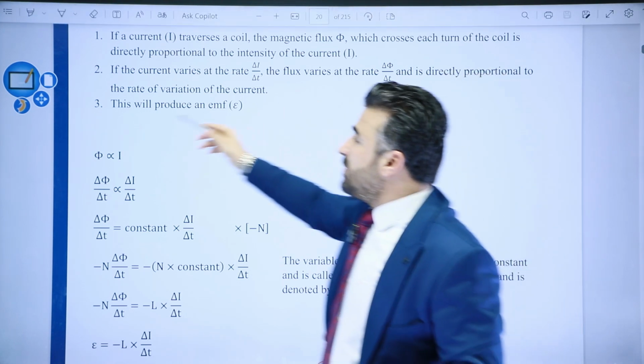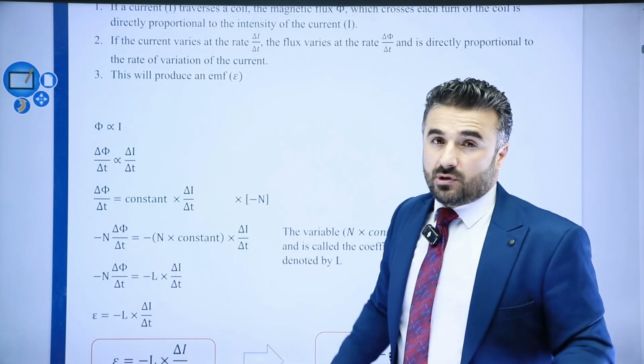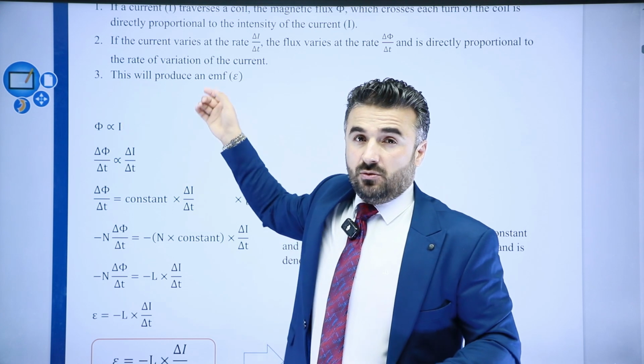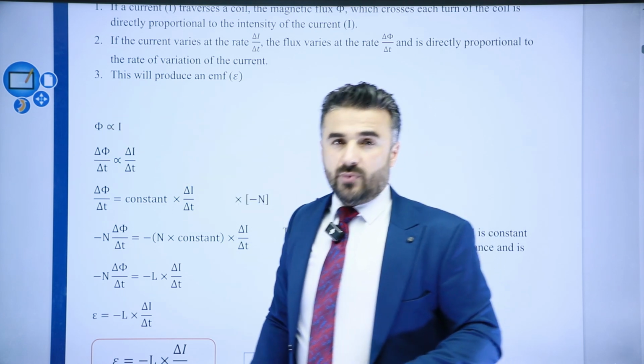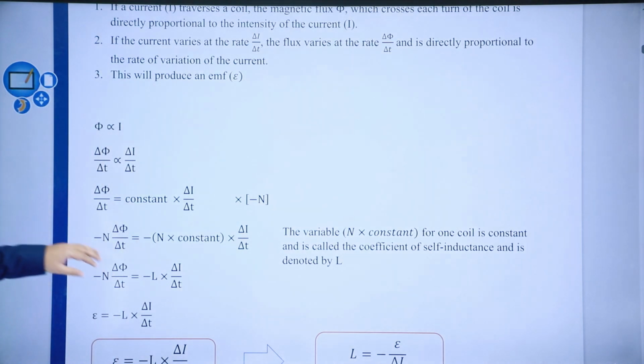And this is directly proportional to the rate of variation of the current. Of course, this process would lead to an induced electromotive force, or you can say a voltage generation.